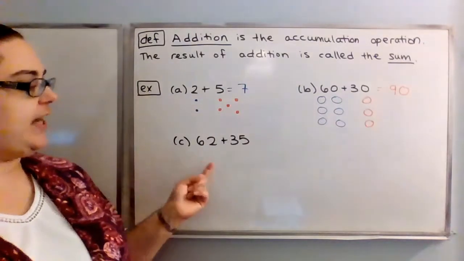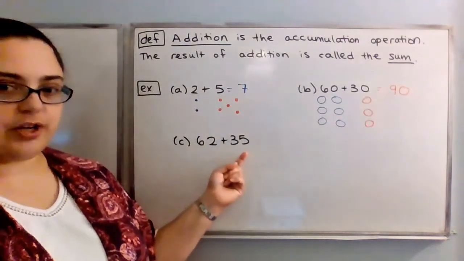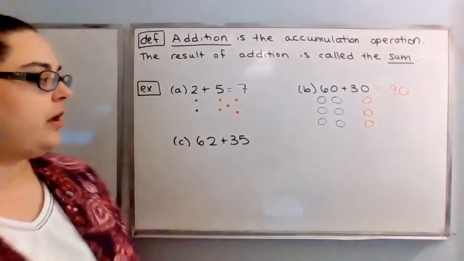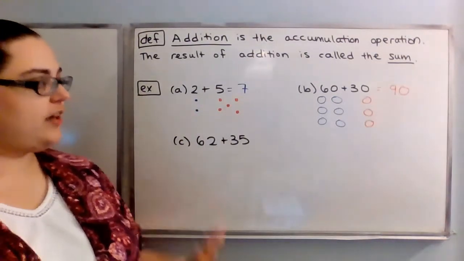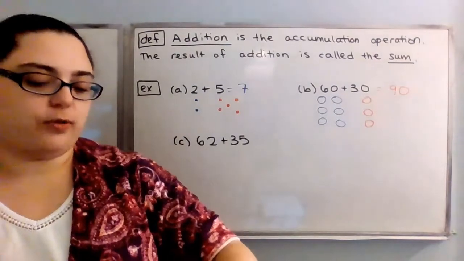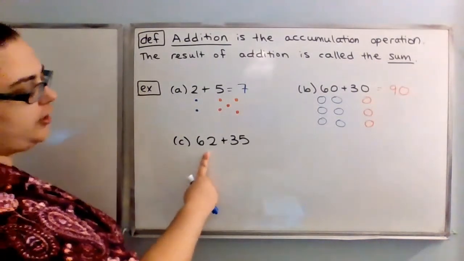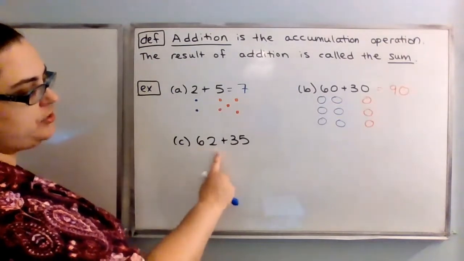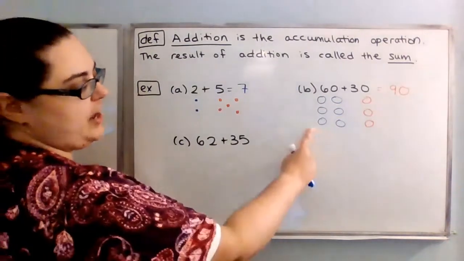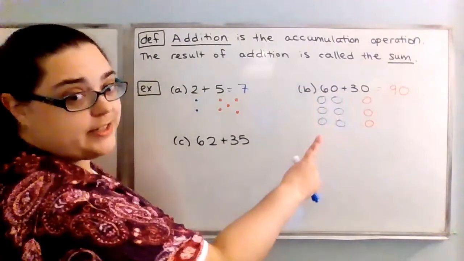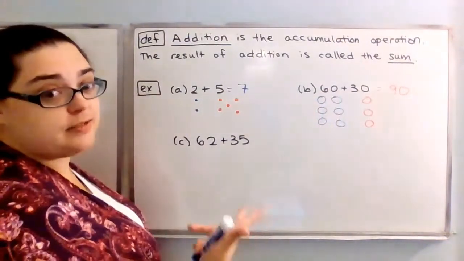So here for part C, I have 62 plus 35. One way that I could think of this is for the digit that's in the tens place, right? If I have 62 cents, I could think of that as having 6 dimes for the 60 and then 2 pennies.